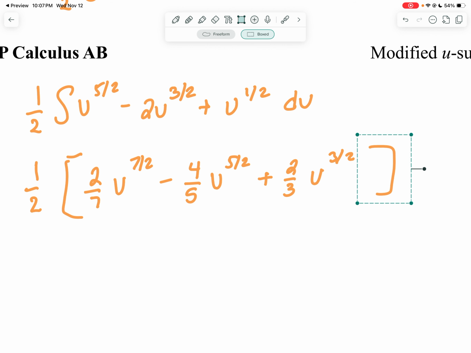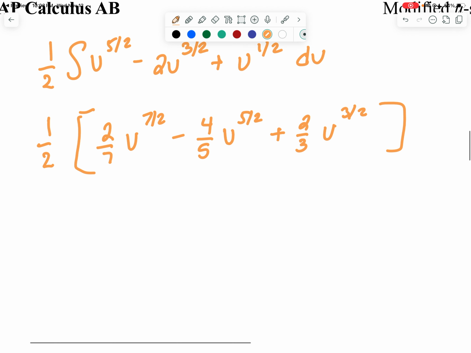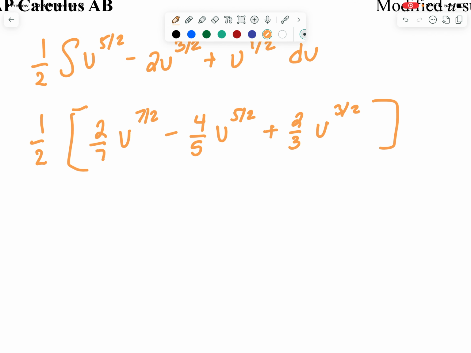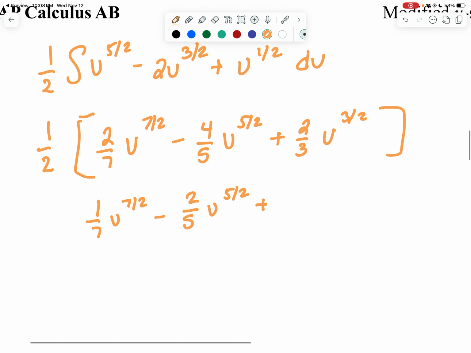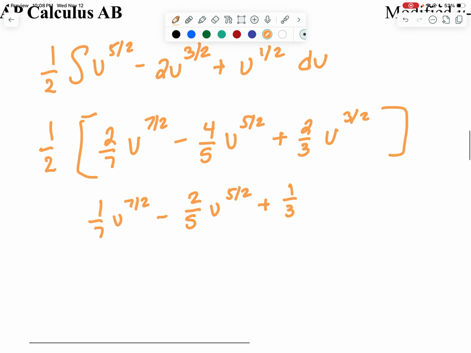So we get all of that. Now, theoretically, if you want to multiply that 1/2 with everything, you could do it. So then you'll get 1/7 u to 7 over 2 minus 2/5 u to 5 over 2 plus 1/3 u to the 3 over 2 plus c.